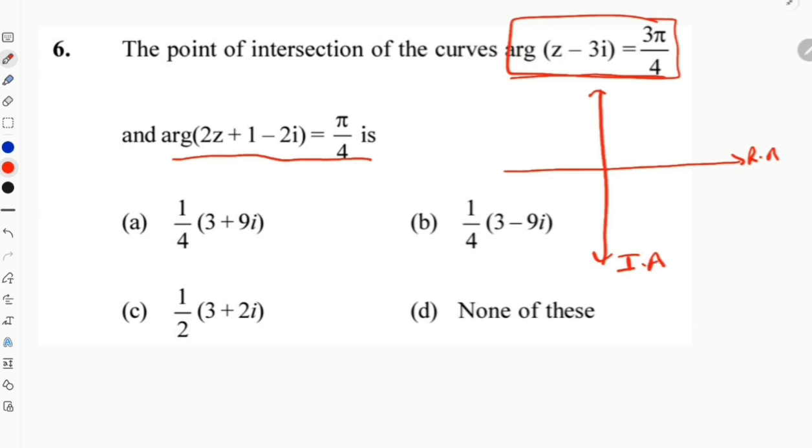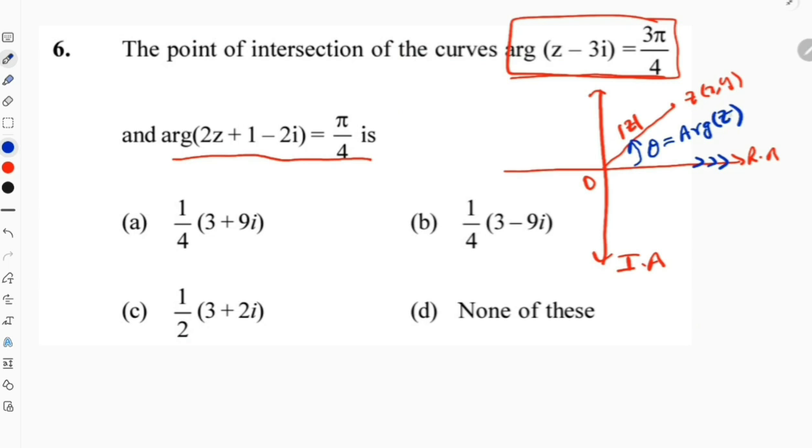Every complex number represents an ordered pair in the Argand plane, and the distance of that point z from the origin is called the modulus of that complex number. The angle made by this OZ with the positive direction of the real axis, measured in the anti-clockwise direction, is called the argument of the complex number.